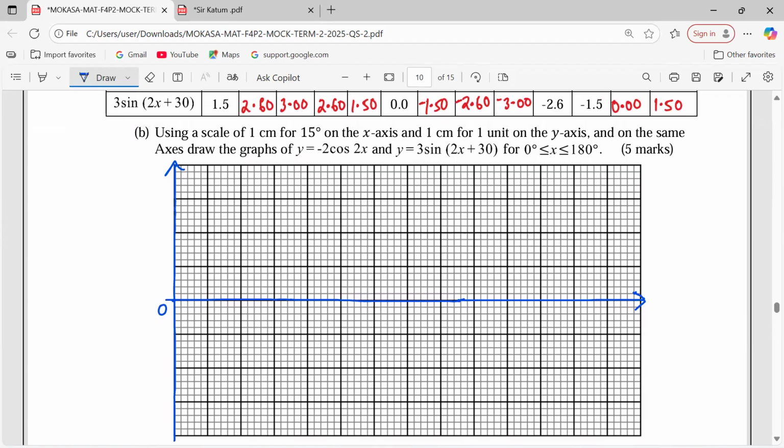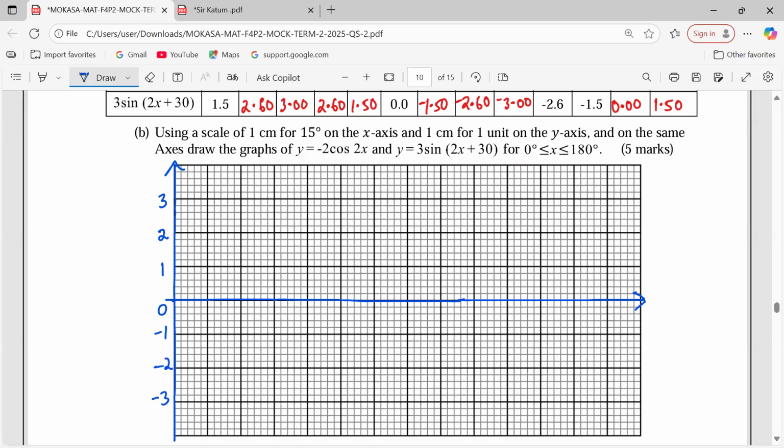Using a scale of 1 centimeter for 15 degrees on the x and 1 centimeter for 1 unit on the y. So on the y, we will have 1, 2, 3, negative 1, negative 2, negative 3.